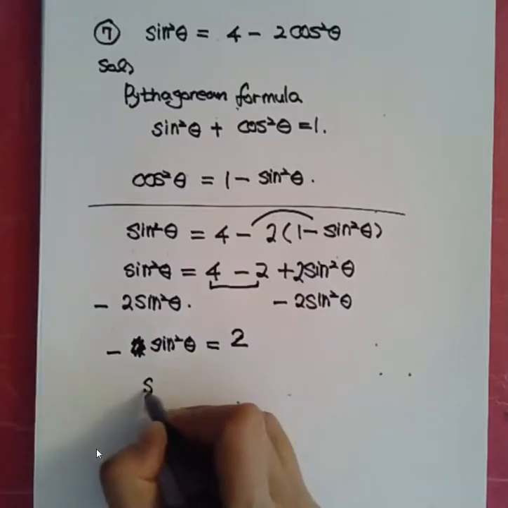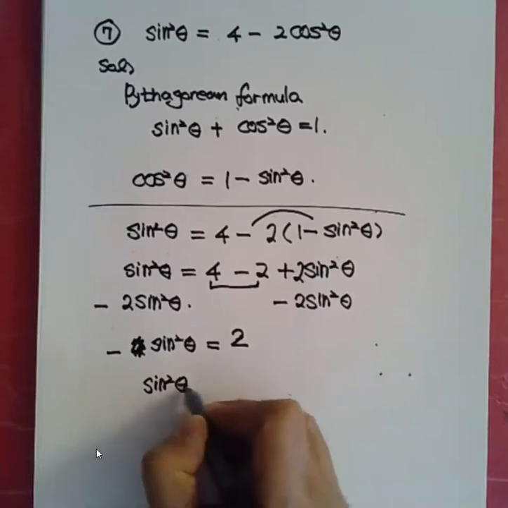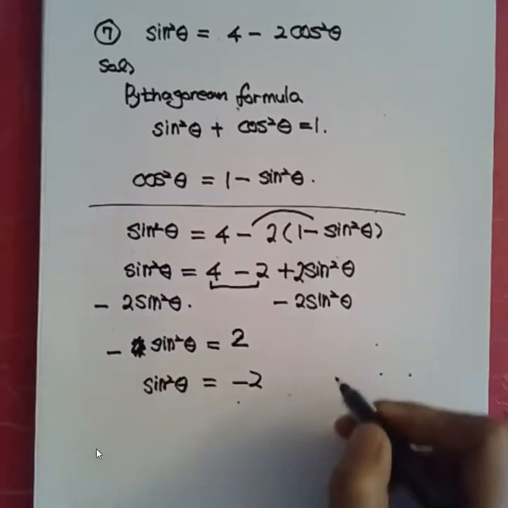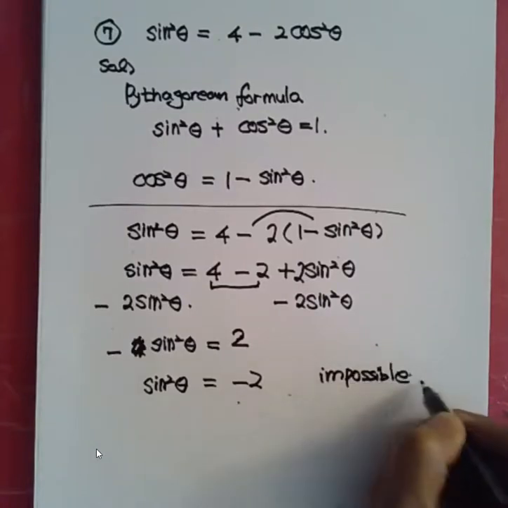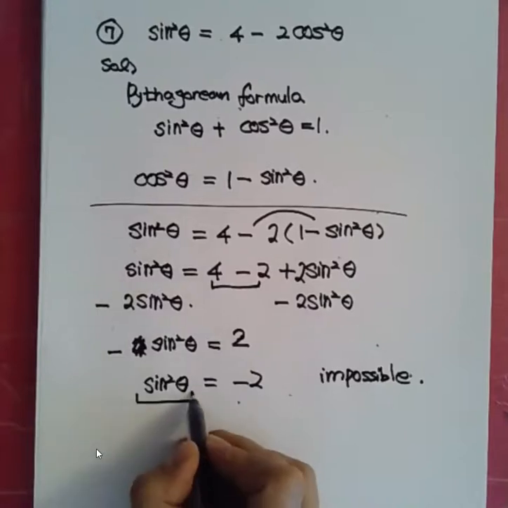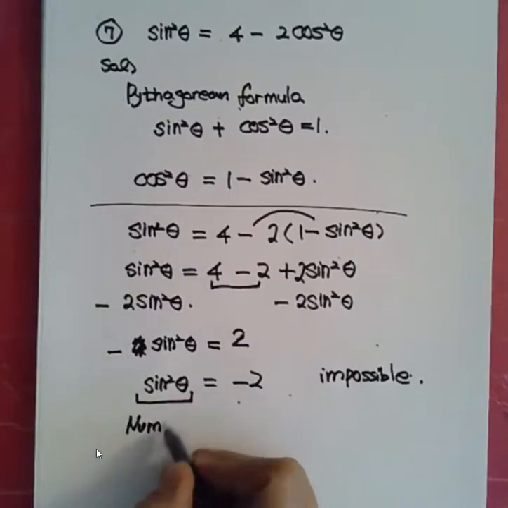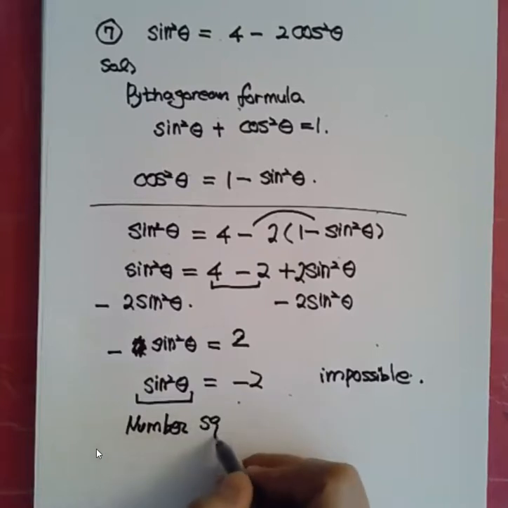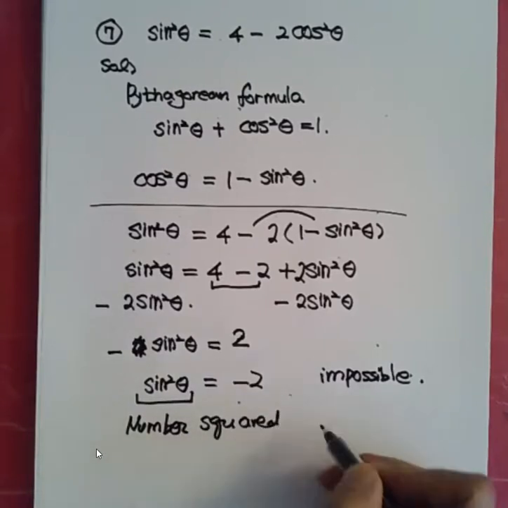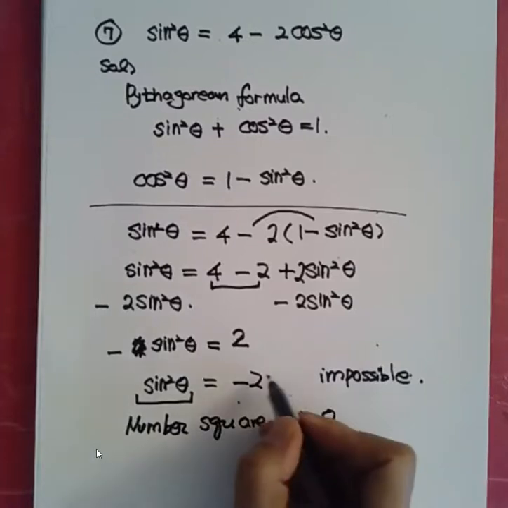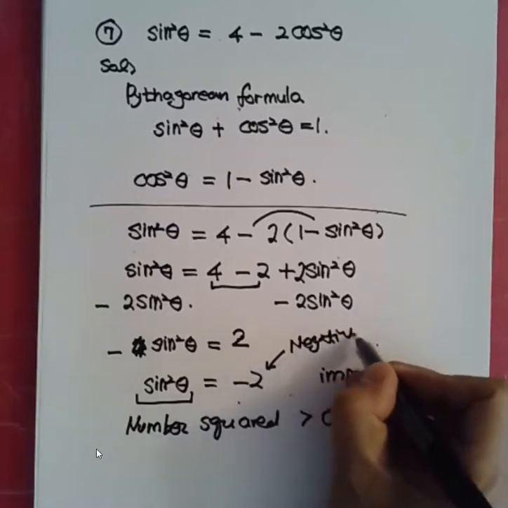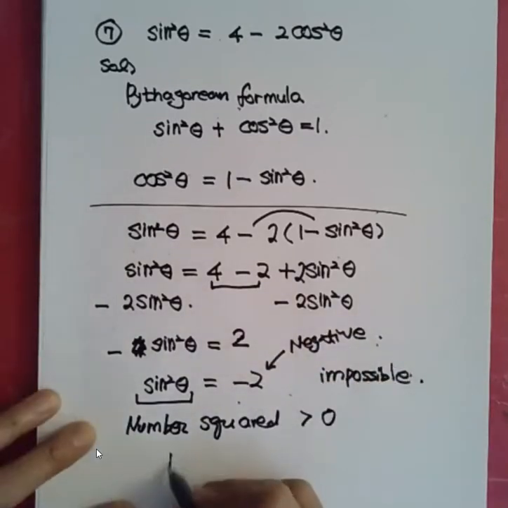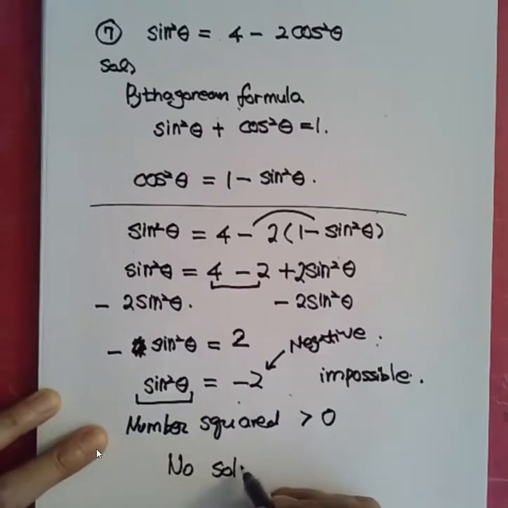That implies sine squared of theta equals minus 2. This is impossible. The reason is this is the number squared. That is always positive, but this number is negative. That cannot happen, so there is no solution for this equation.